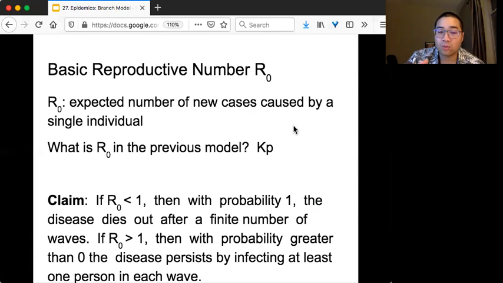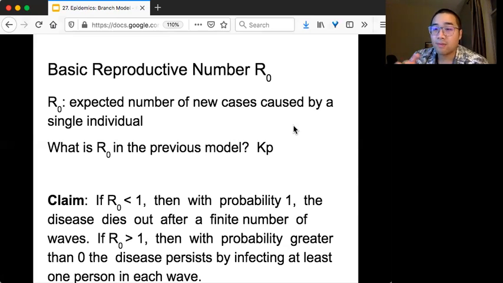But if R0 is strictly greater than 1, then with probability greater than 0, the disease will persist. It will keep affecting new people. It keeps spreading. So that's why right now you hear in the news that we need to bring R0 down to 1. And this very simple model tells you why we want to do that.